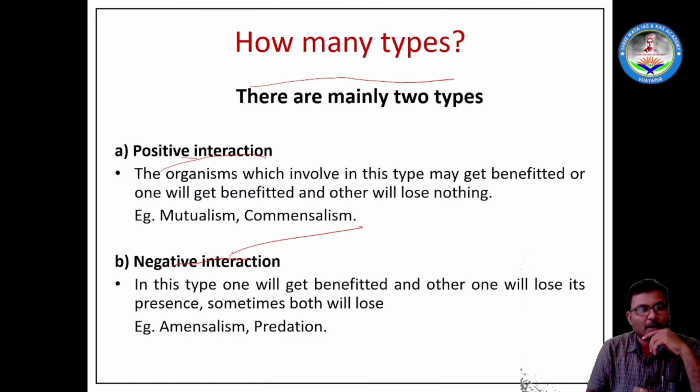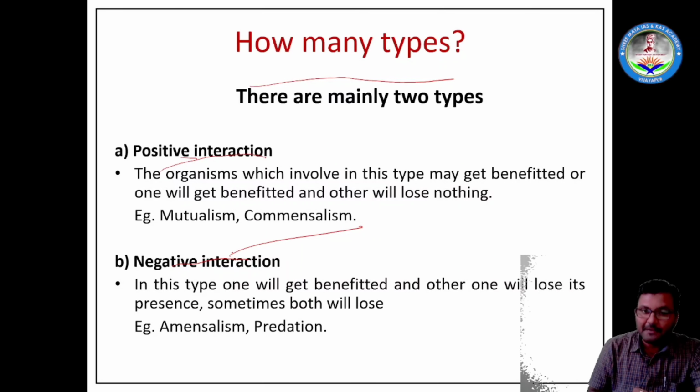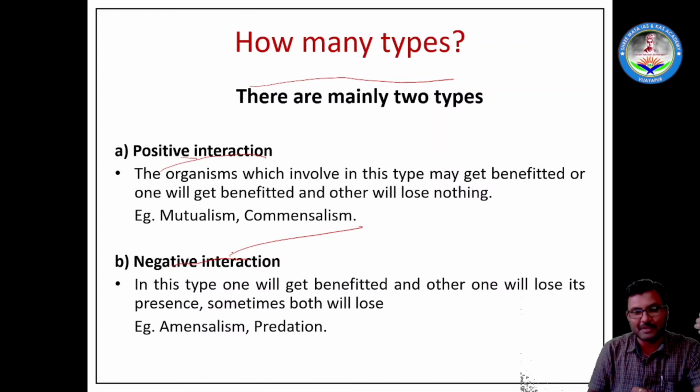What exactly is positive interaction? The organisms involved may both get benefited, or one will get benefited and the other will lose nothing. I mean, the other animal will not be harmed, will not be dead. They are sharing something for their growth, for their development, or to get food.